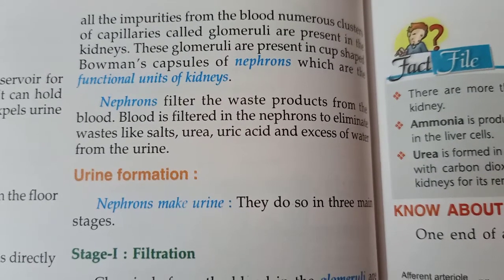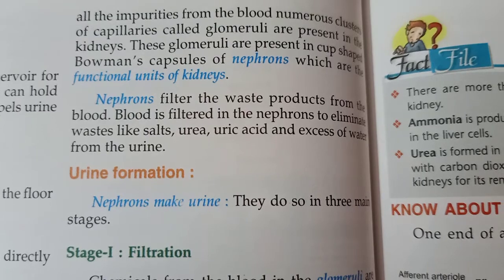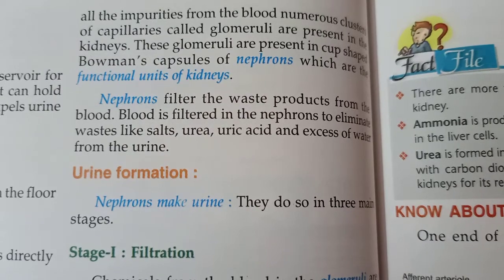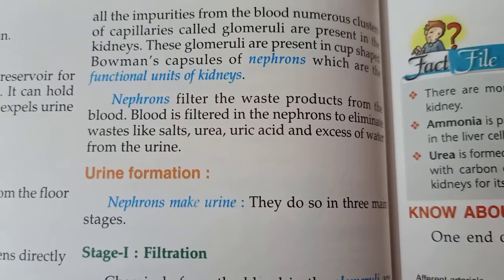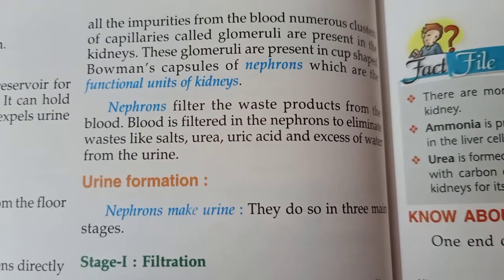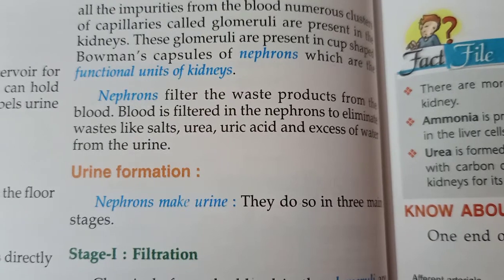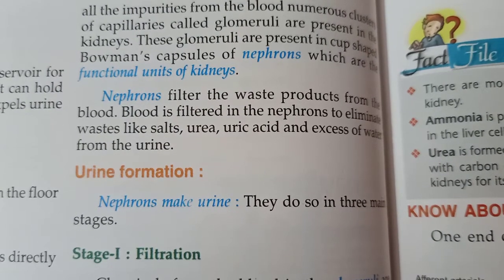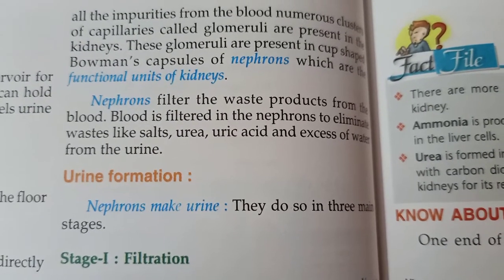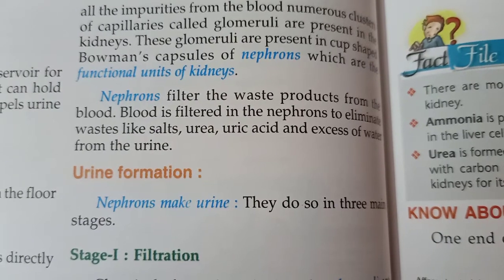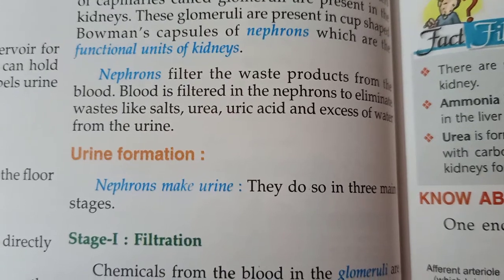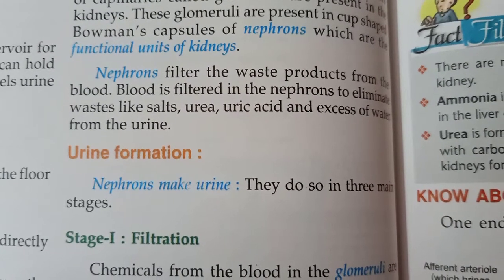These glomeruli are present in cup-shaped Bowman's capsules of nephrons, which are the functional units of kidneys. As I told you, the structural and functional unit of the kidney is the nephron. Nephrons filter the waste products from the blood, and blood is filtered in the nephrons to eliminate waste like salts, urea, uric acid and excess water in the urine. In this way all the waste products get removed from our body.